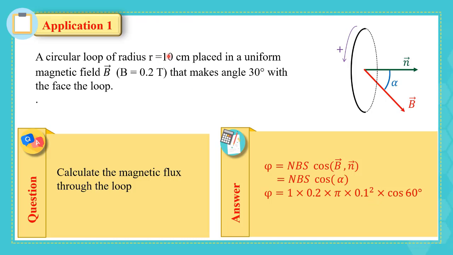Of course, the radius is 10 centimeter. We multiply it by 10 power minus 2 in order to convert from centimeter to meter. And finally multiplying it by cosine 60, which is the angle between the normal and the magnetic field vector B. The answer will be pi times 10 to the power minus 3 Weber.